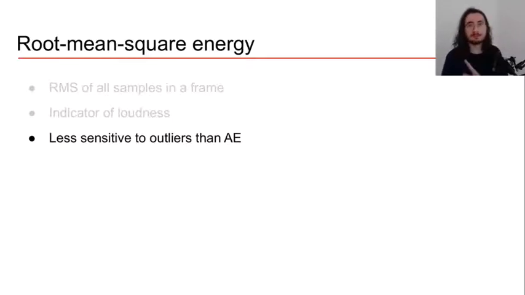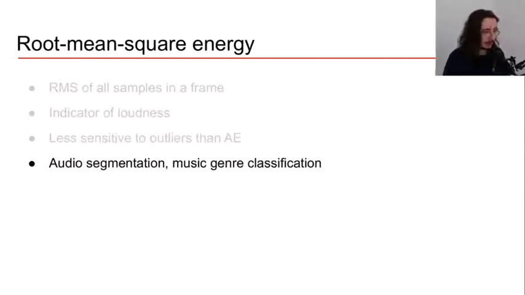Okay, so now what are the applications for root mean square energy? Once again, there are many applications here. I want to talk about a couple of these. So we can use root mean square energy for identifying new segments in an audio signal, and that's because the RMS tends to change quite a lot when you have new segments, new events.